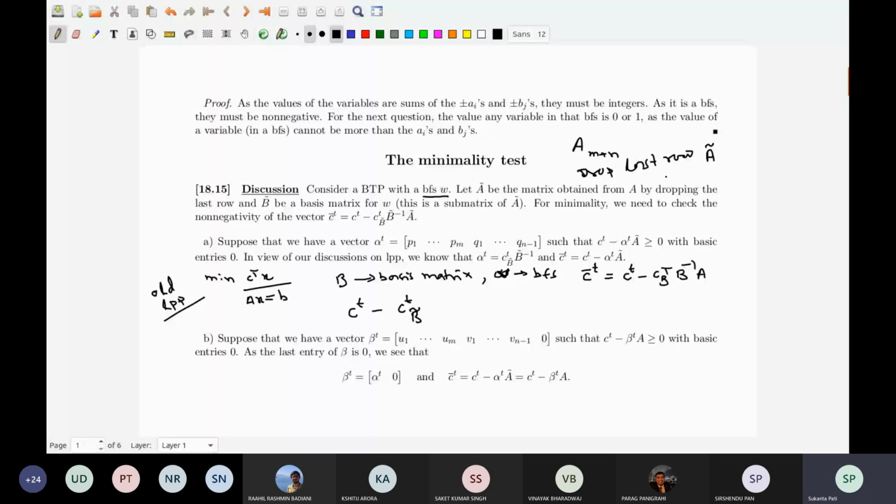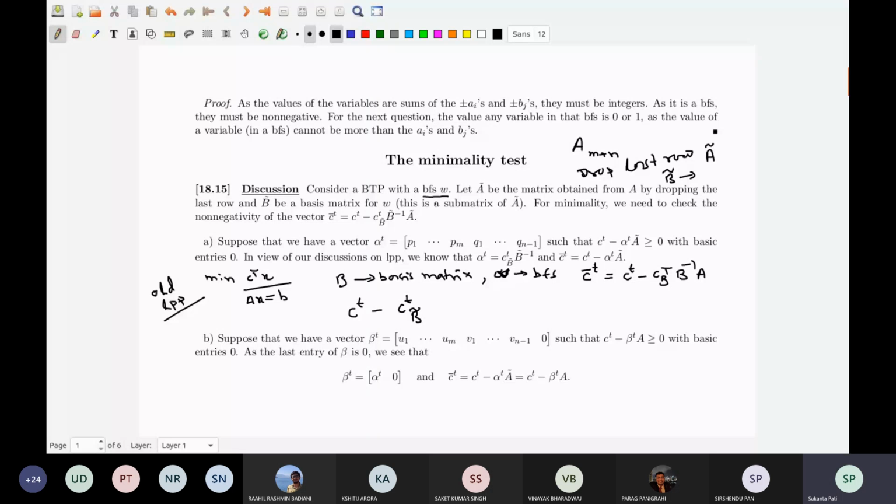So B tilde is basically those columns of A tilde selected for the basic variables that are given with W. So it is basically the basis matrix of A with the last row deleted.